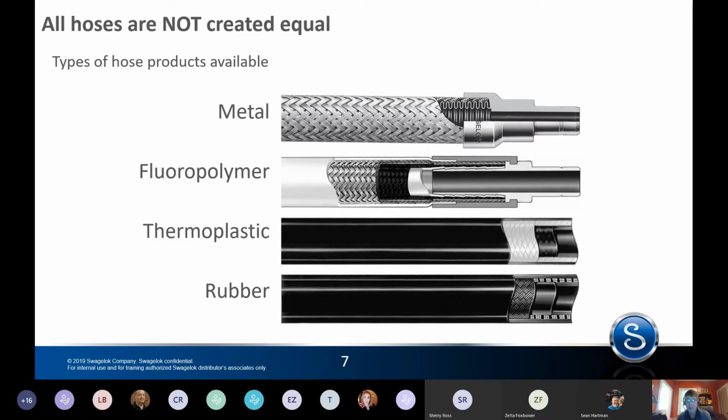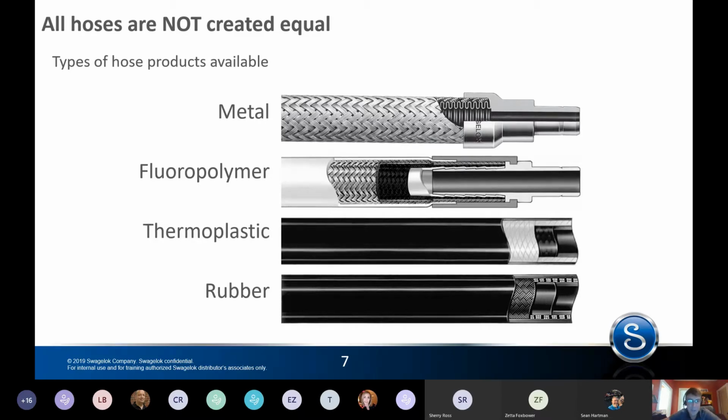And then lastly, a rubber hose, which is also very soft materials, nylon braids and things like that, so that it can withstand even more rugged environments. You can bend this and kink it and run it over with a tow truck, and in general it will withstand that kind of abuse very well, but it doesn't withstand the same amount of pressures.